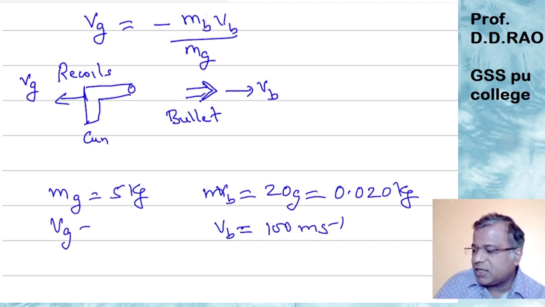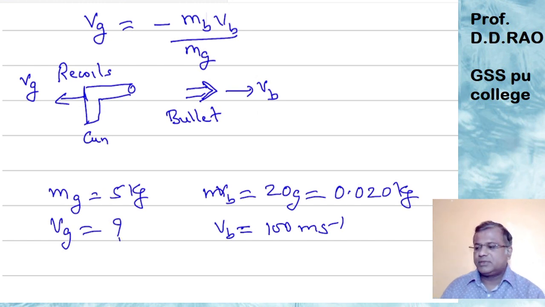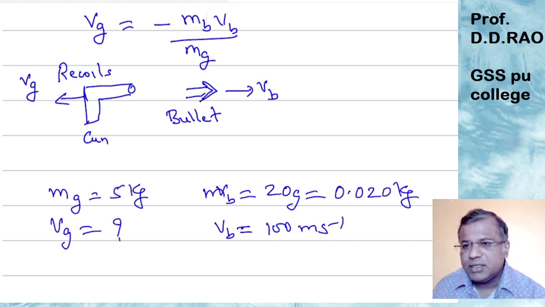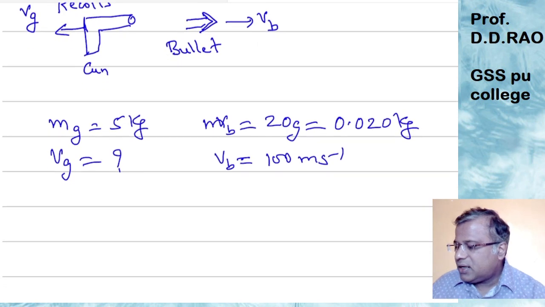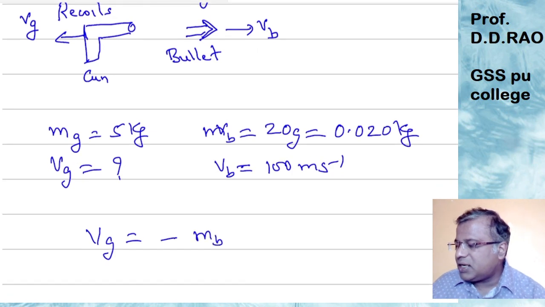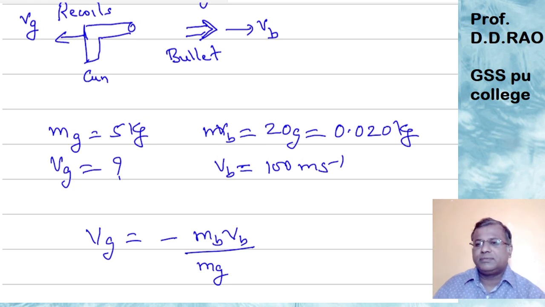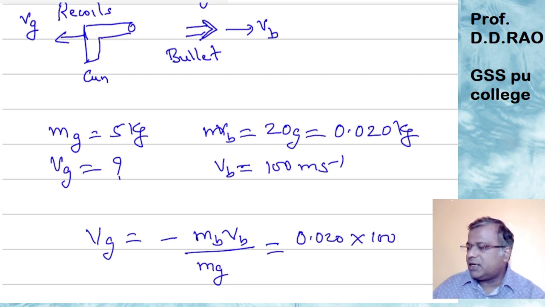Now the question is, what is the recoil velocity of the gun? As you can see from the formula, it is the mass of the bullet times the velocity of the bullet divided by the mass of the gun. The values will be 0.020 into 100 divided by 5.